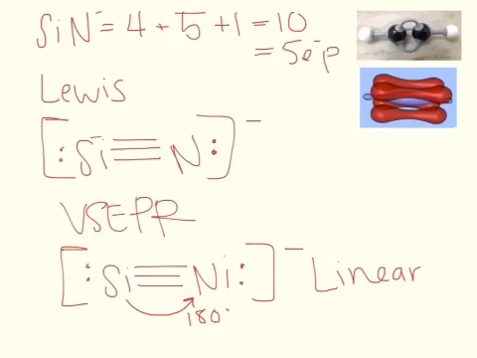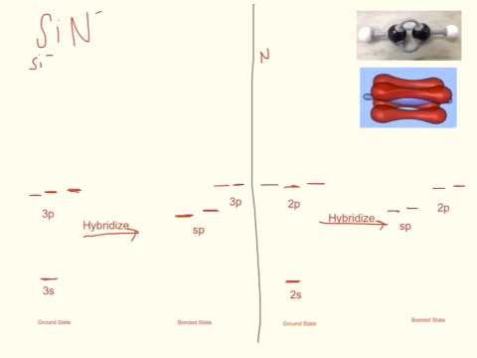The next step before we get to the contour diagram is the box diagram. I'm going to clear out the screen of all the information except our molecule. Now we move on to the box diagram, starting first with silicon. We know silicon has a full 3s orbital, so we add 1, 2.